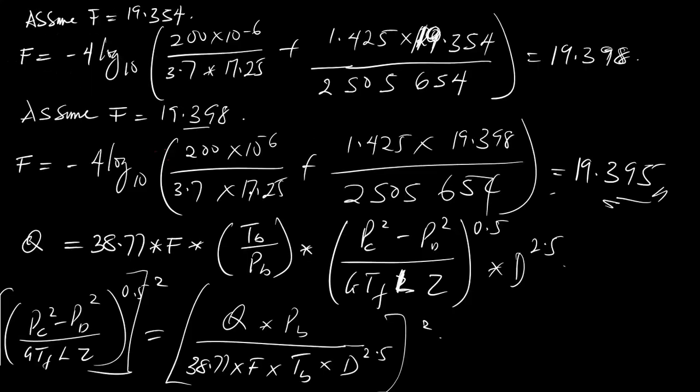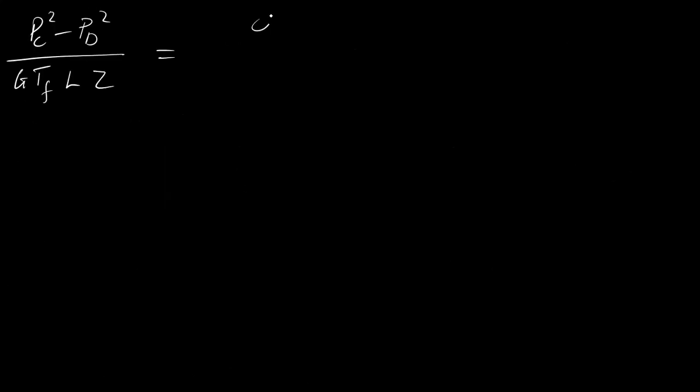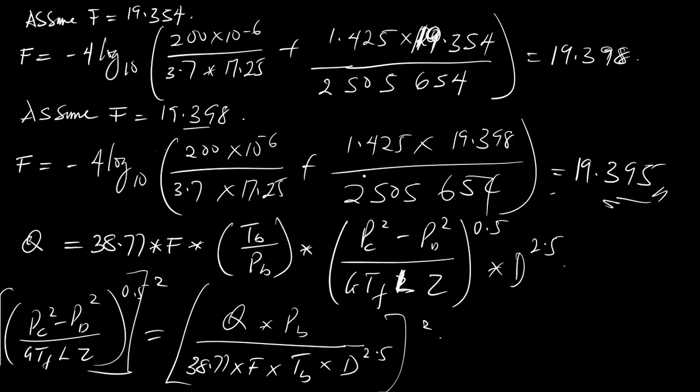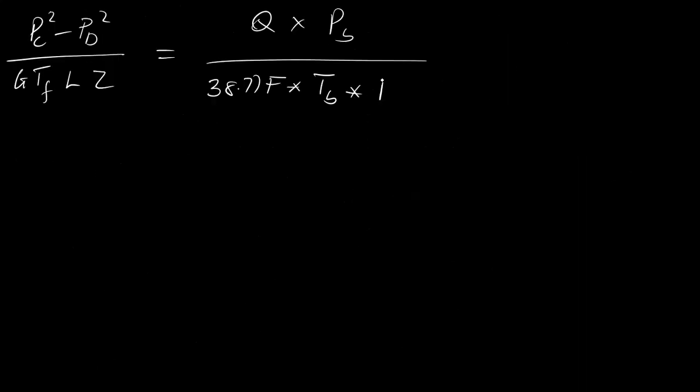We now have PC square minus PD square divided by GTFLZ equal to Q times PB divided by 38.77F divided by TB times D raised to power 2.5, all squared.